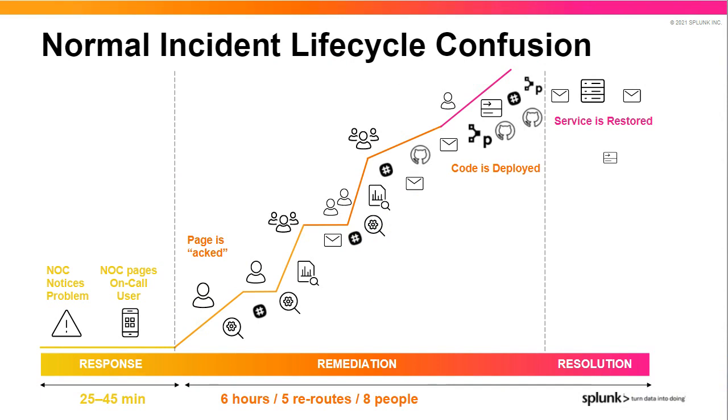As organizations respond to the problem, there is a lag time between when that problem really began and when that incident is recognized. It's further exacerbated by the ping-pong game of incidents bouncing from one department to another before they're acknowledged and that work begins.